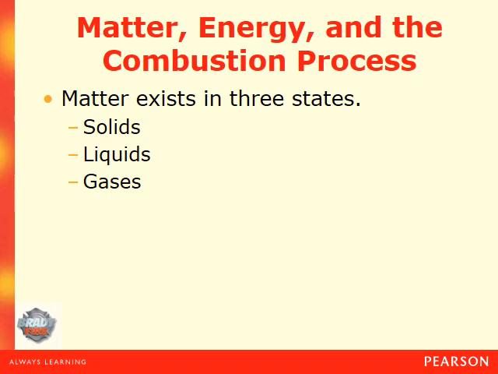Matter is basically anything that has mass or takes up space. Matter can come in 3 different forms or states: solid, such as the desk or the chair you're sitting on; liquid; and of course, gases.